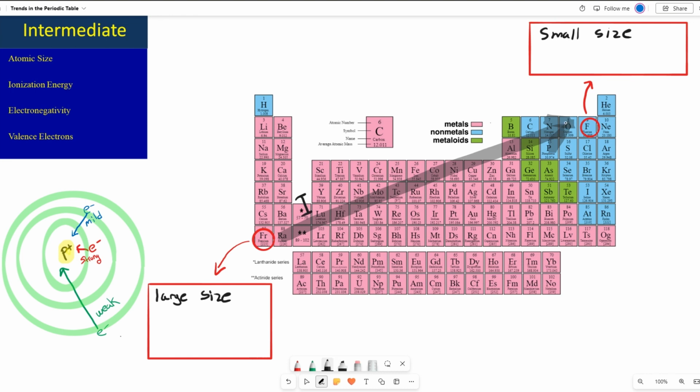So elements around where fluorine are have a very high ionization energy, and elements down near where francium are have a very low ionization energy.